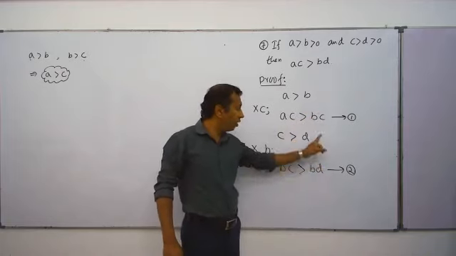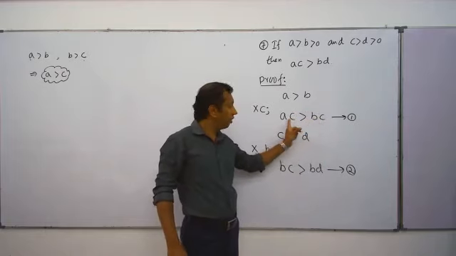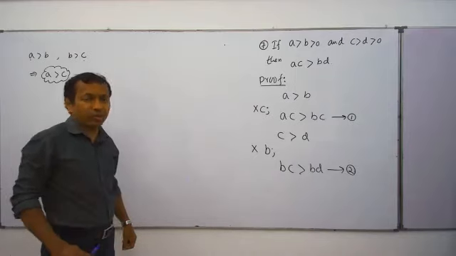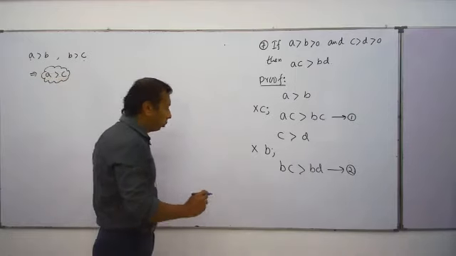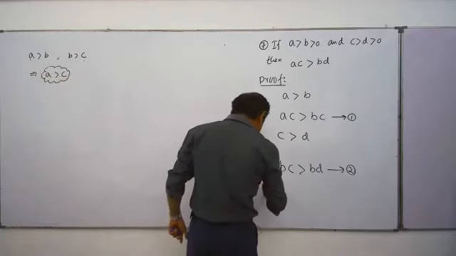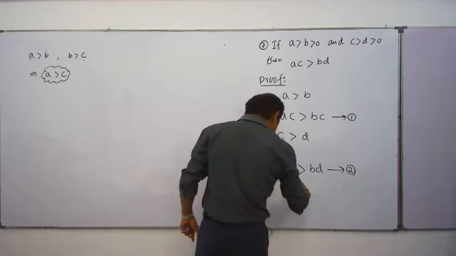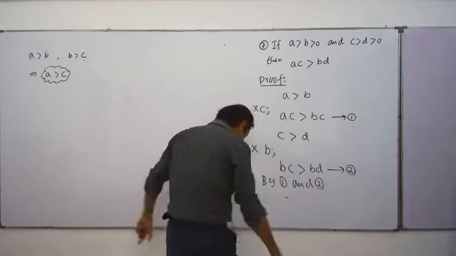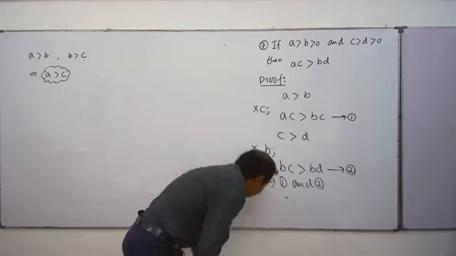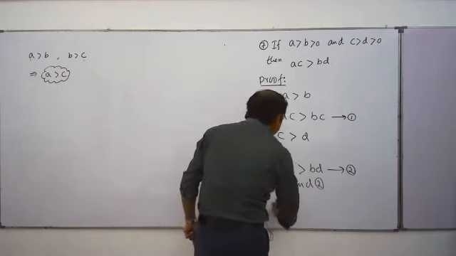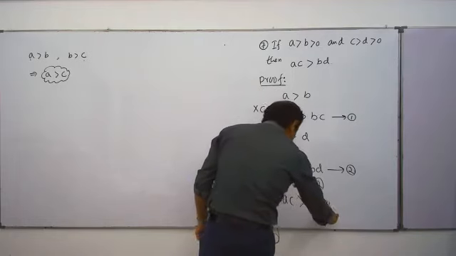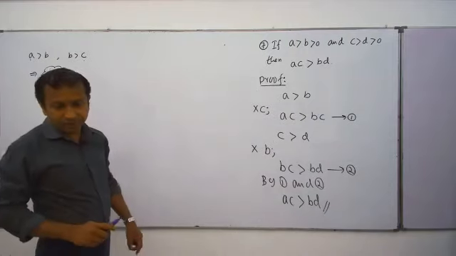Therefore, if I put this BD here, still AC greater than BD. Then by 1 and 2, we can say, people, AC greater than BD. This is how we prove that result.